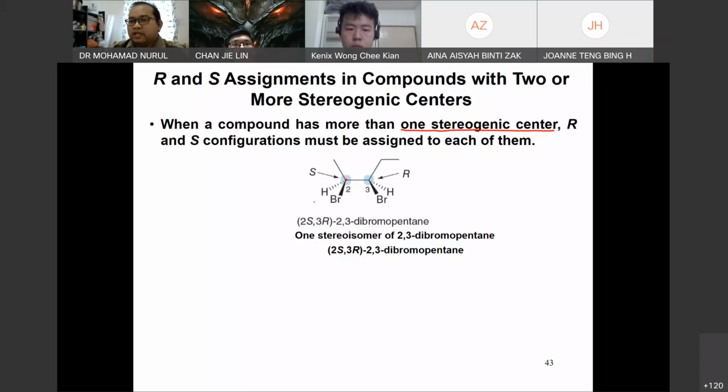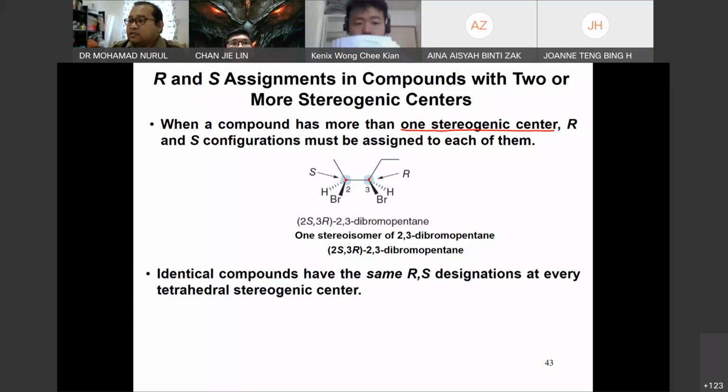That's why if the question asks you to draw R and S configurations, my advice is to put number 2 and number 3 on the plane, and number 1 and number 4 either on the front or on the back. So in this case, this one is the S configuration, and this one is the R configuration, using the previous formula that we already discussed.